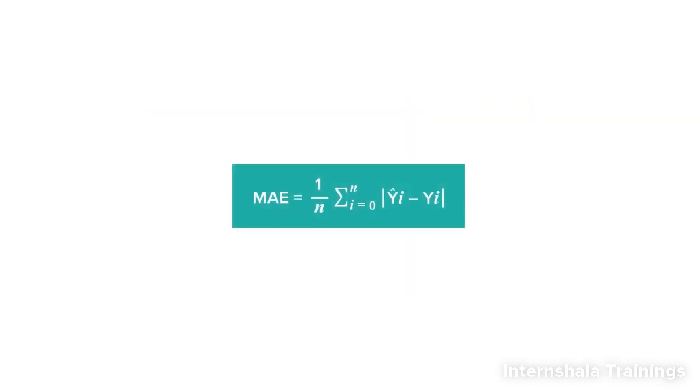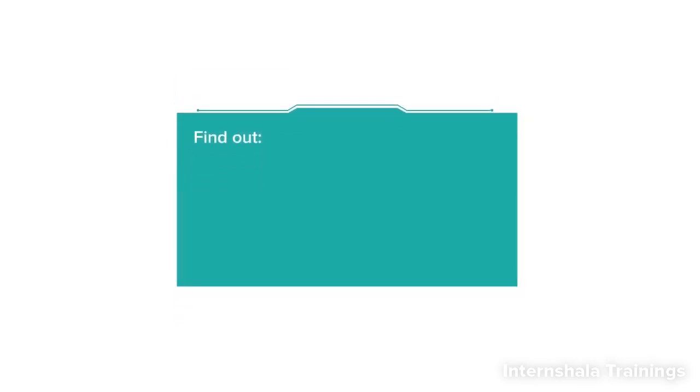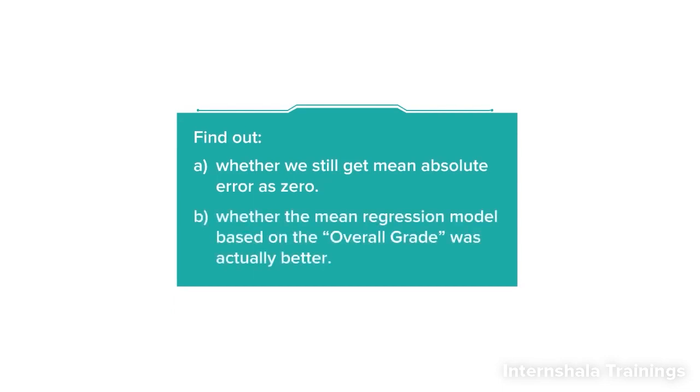So let's sum over the absolute value of all of them and divide it by the number of total points to get mean absolute error. Let's try this in Python and find out whether we will get mean absolute error as 0 and whether the mean regression model based on the overall grade was actually better.